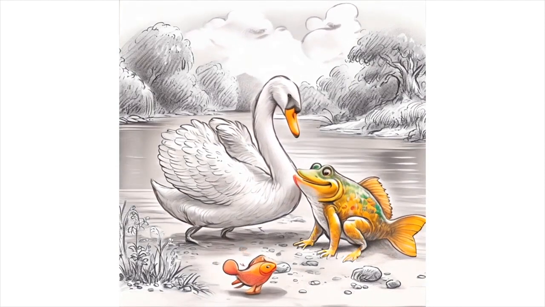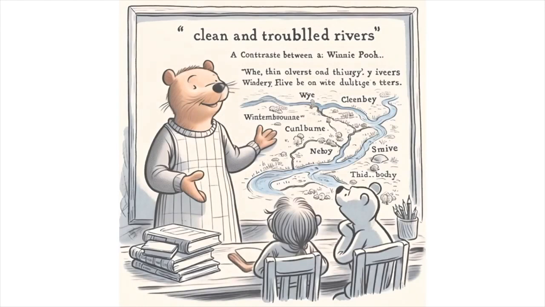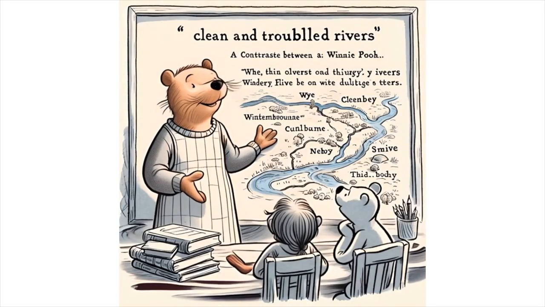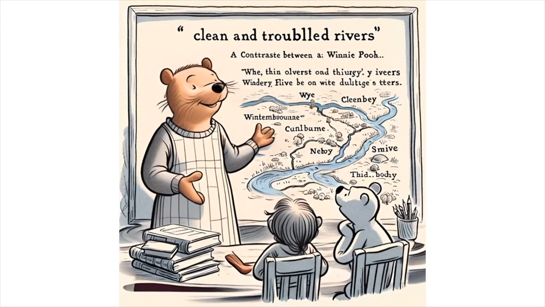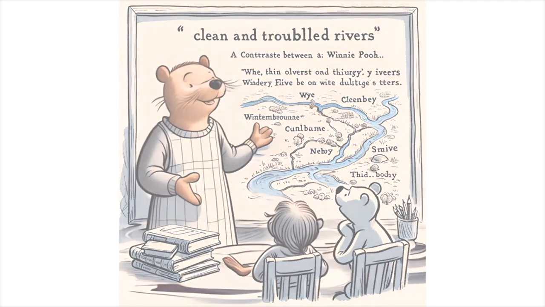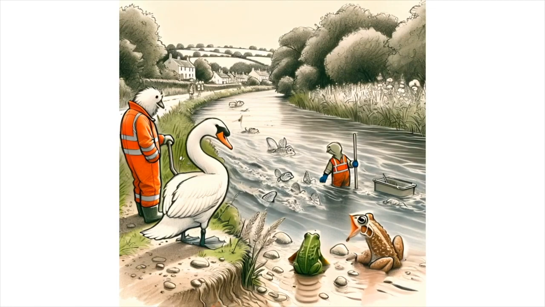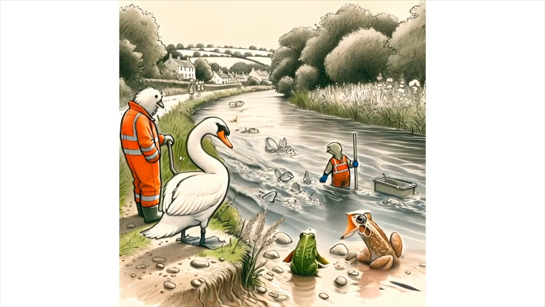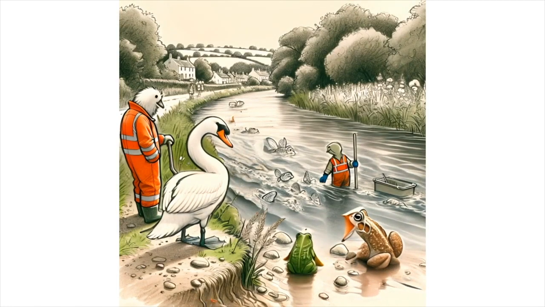They discuss the differences in their rivers. Wendy the wise otter shares insights. While the Wye and Temi are clean, rivers like Winterbourne and Cullum face challenges. Curious, they explore the River Leam and River Wharfe, seeing efforts to maintain their health.